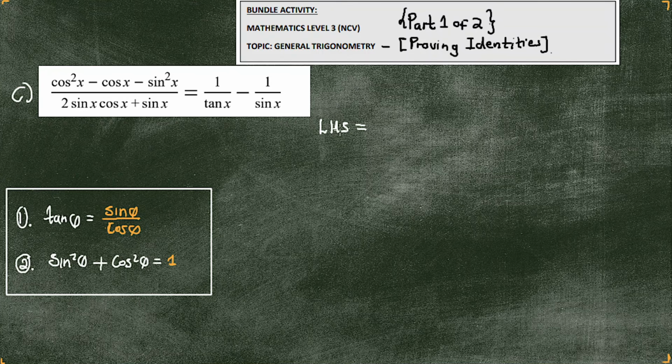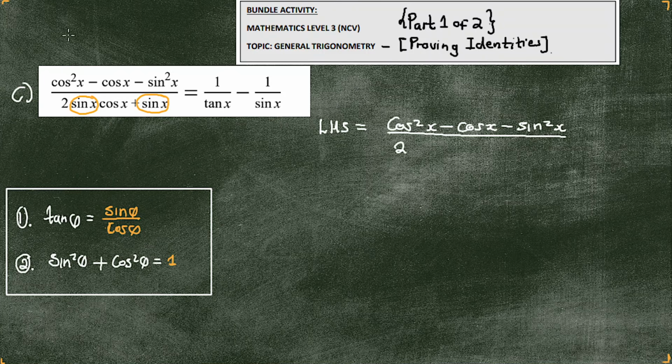So I have cos squared x minus cos x minus sine squared x over 2. Wait a minute, the denominator actually has a common factor. This and this is a common factor. Let's take it out.